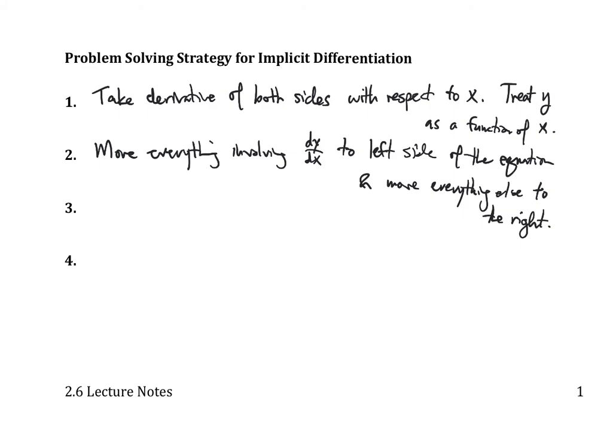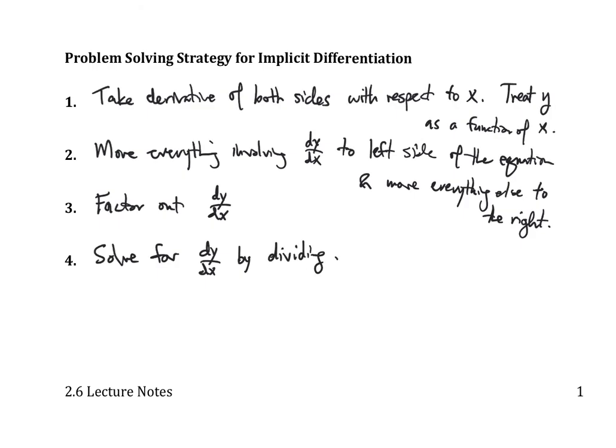All right. The third thing we want to do is factor out dy dx. And then the last thing you want to do is solve for dy dx by dividing. So we will definitely look at examples together in class.